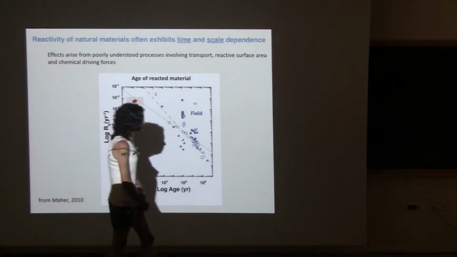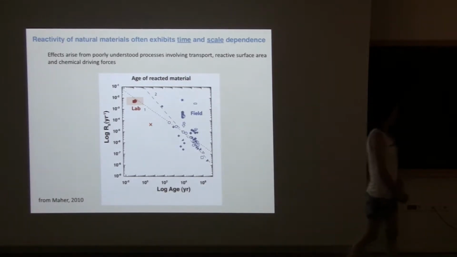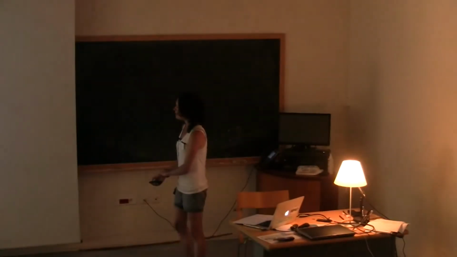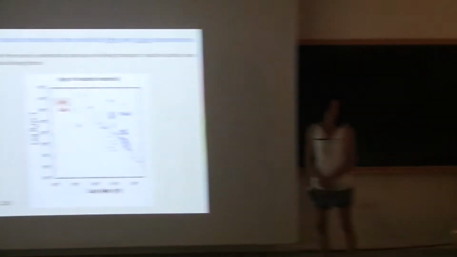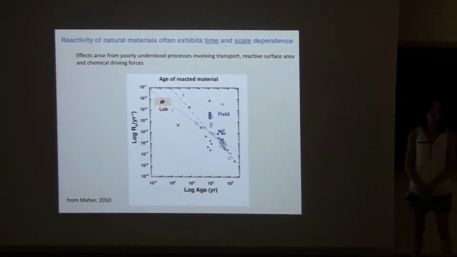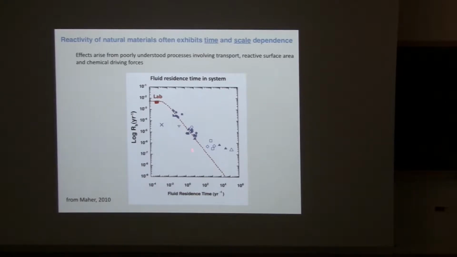It may be somewhat related in part to a similar trend, if you can establish some kind of correlation between the age of these systems and how long it takes water to get through them. So let's look at another gigantic scale plot. And here again, we're back at the lab where water apparently moves very fast.